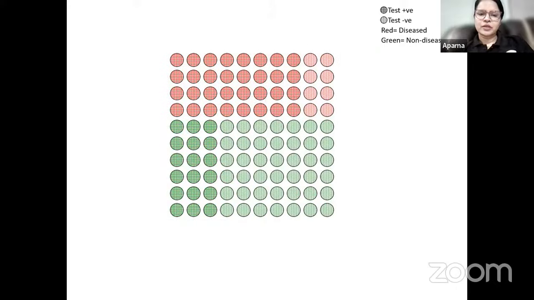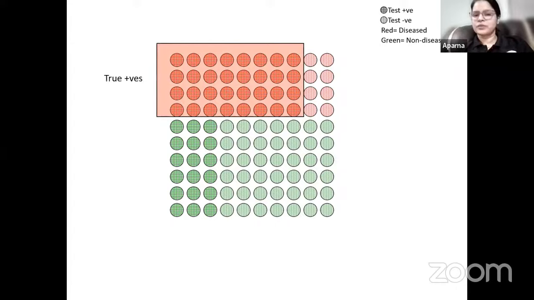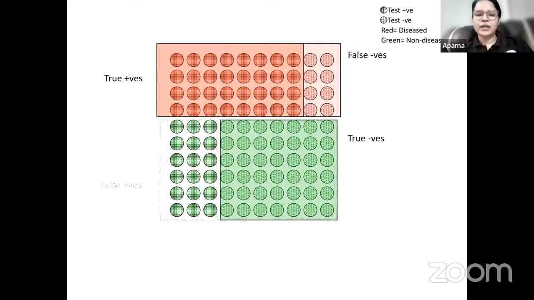These are the four important terms. So you have true positives, that is the infected babies who are picked up as positives by the test as well. And then the remaining babies who are actually having the disease but who are falsely tested as negative by the new test are going to become false negatives. Likewise, we have true negatives, and the remaining babies who are actually non-infected or non-diseased but wrongly tested positive are going to be called false positives.